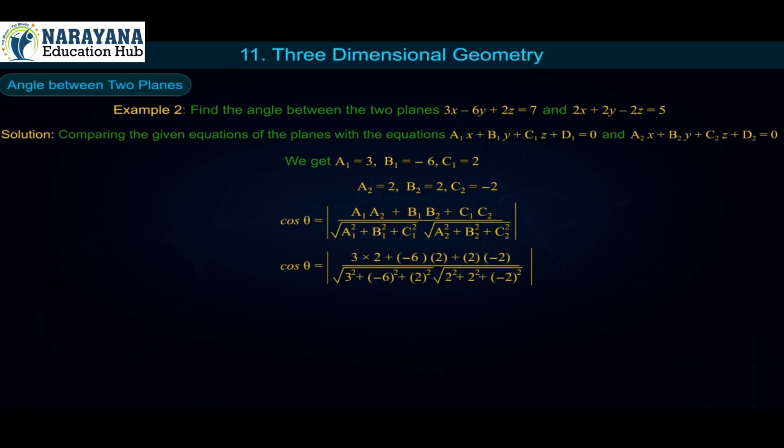Cos theta = modulus of 3 into 2 + (-6) into 2 + 2 into (-2) upon square root of 3 square + (-6) square + 2 square into square root of 2 square + 2 square + (-2) square = modulus of -10 upon 7 into 2 root 3 = 5 upon 7 root 3 = 5 root 3 upon 21. Cos theta = 5 root 3 upon 21. Therefore, theta = cos inverse 5 root 3 upon 21.